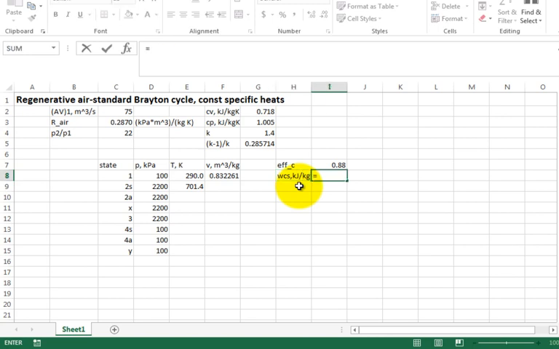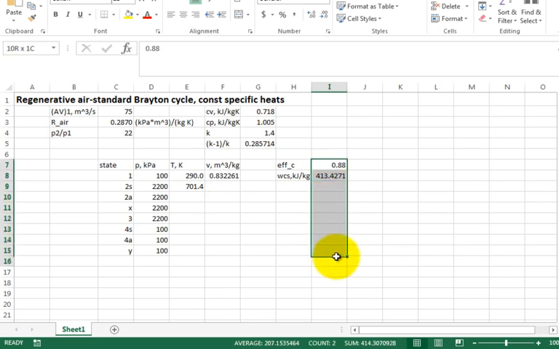Well, wouldn't that be the specific heat at constant pressure times the outlet temperature minus the inlet temperature, enclosed? Now that's a positive work into the compressor. I know that I'm avoiding the negative sign. When I put it in the table, I'll put the negative signs in. All right. This efficiency, maybe I do it like that, and put it over 88%.